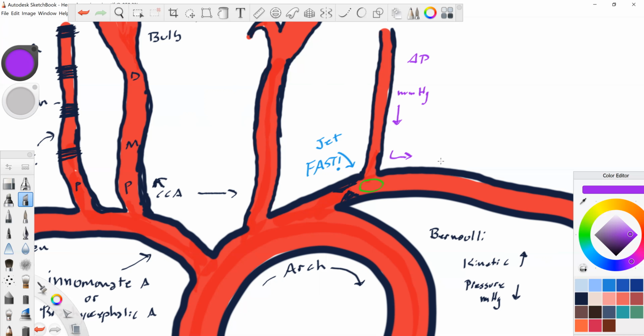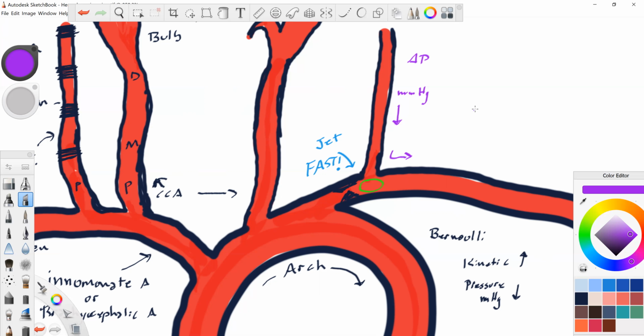So if you have a complete subclavian steal, that just simply means that this is no longer a stenosis, it's an absolute obstruction, and then simply Bernoulli doesn't matter anymore. It's just simply reversal of flow, perfect reversal of flow. But in a subclavian steal where it's not a full steal, it's a partial steal, like I've drawn here, this occurs.